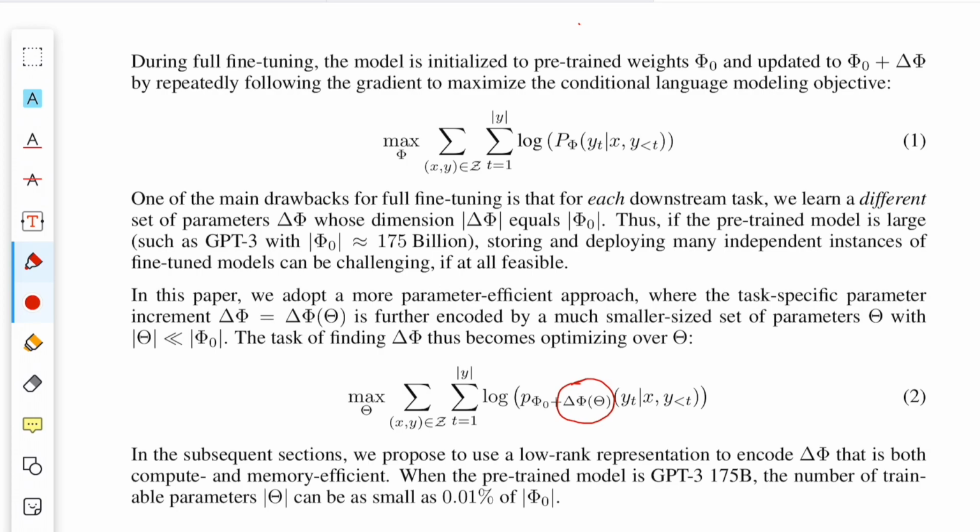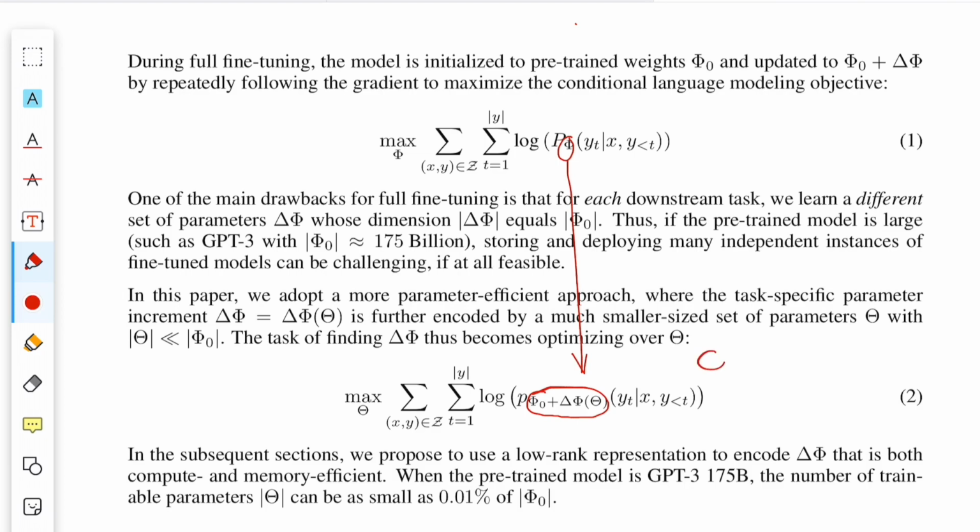What does LoRA do? It separates this parameter into, okay, I will make it more accurate, this phi into two parts. The original is phi, and with LoRA we separate phi into two parts: phi 0 and delta phi.